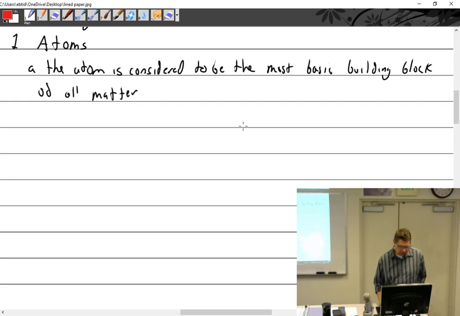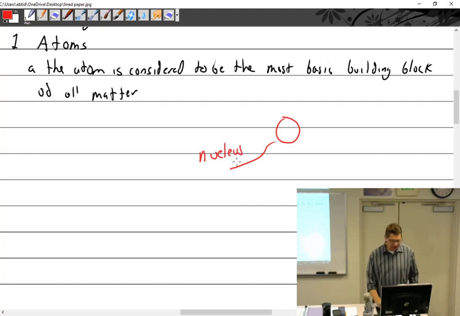So in the atom, we have this nucleus. We'll draw an atom over here, and say that is my nucleus. And inside of the nucleus, we have things called protons and neutrons. I'm going to give two little things here.